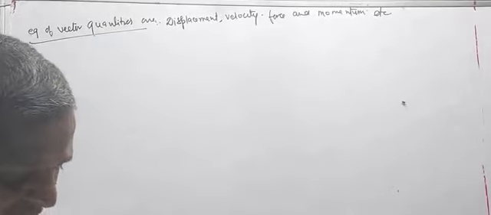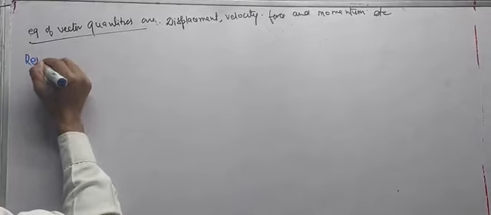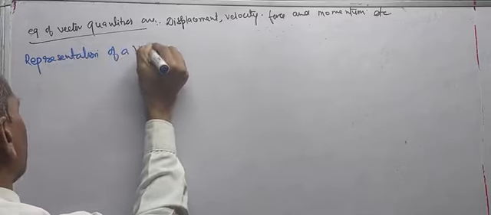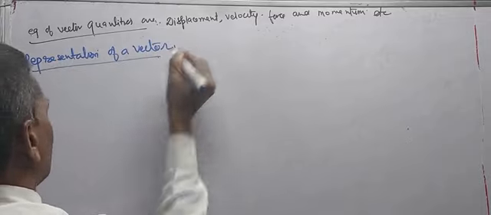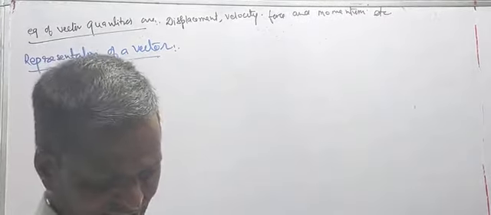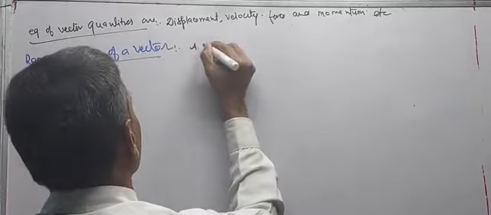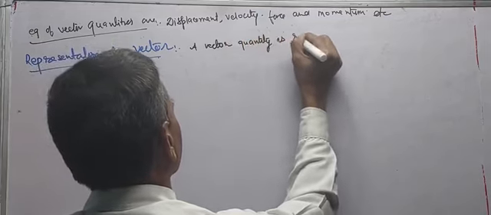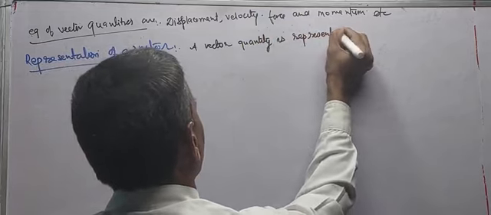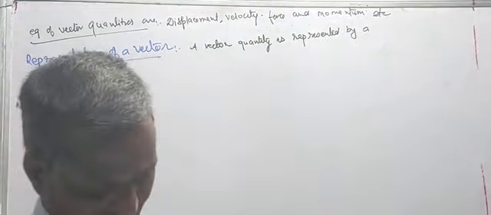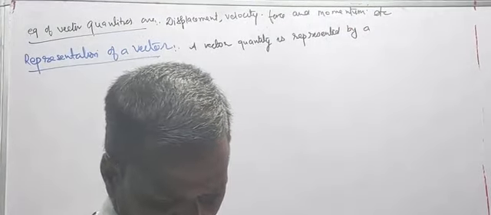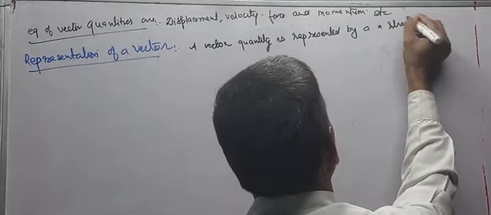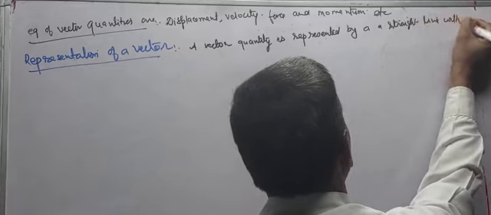Representation of a vector. A vector quantity is represented by a straight line with an arrowhead over it.